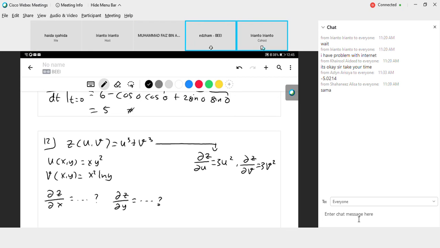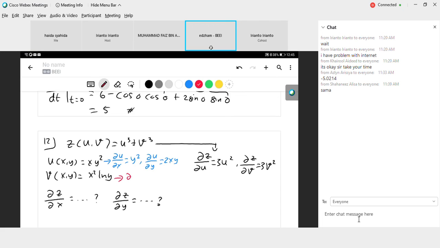Now this one, let me do in blue. I have xy squared, so the first derivative of u with respect to x equals y squared. The first derivative of u with respect to y equals 2xy.